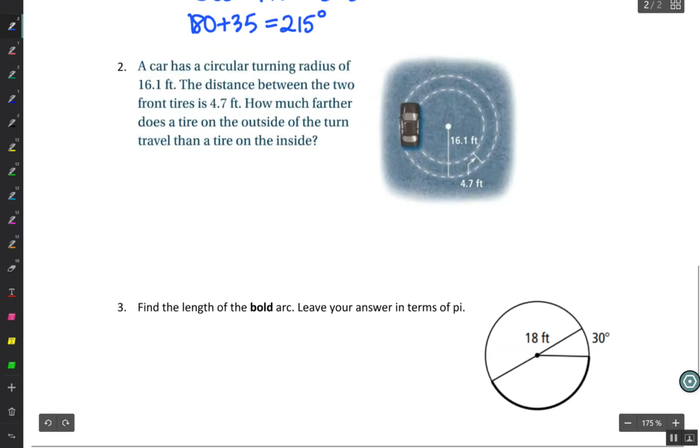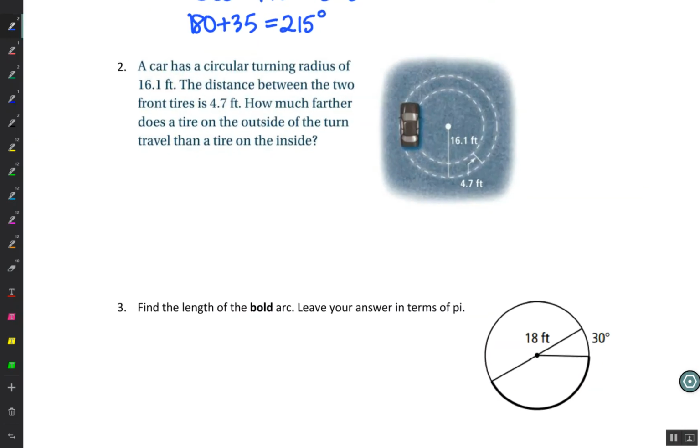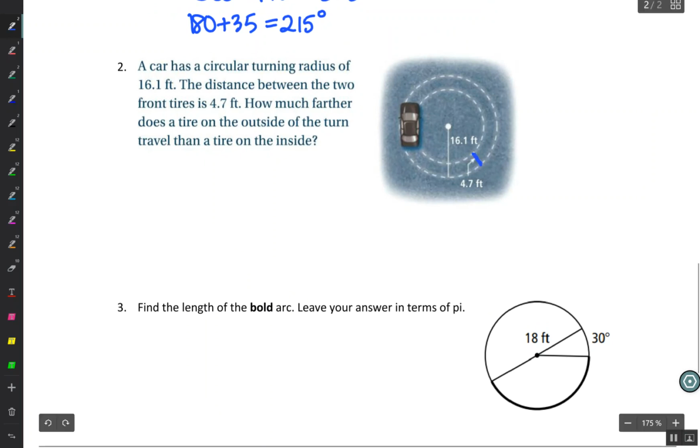The first one says a car has a circular turning radius of 16.1 feet. The distance between the two tires is 4.7 feet, so that's the distance between your circles. How much further does a tire on the outside have to turn than a tire on the inside? So we have an outside circle, which is larger, and an inside circle, and so they have two radii.